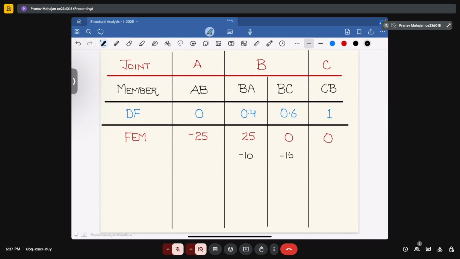So this is your distribution factor, and then its carryover will come out as minus 5, and for this the carryover will come out as minus 7.5. Fine.